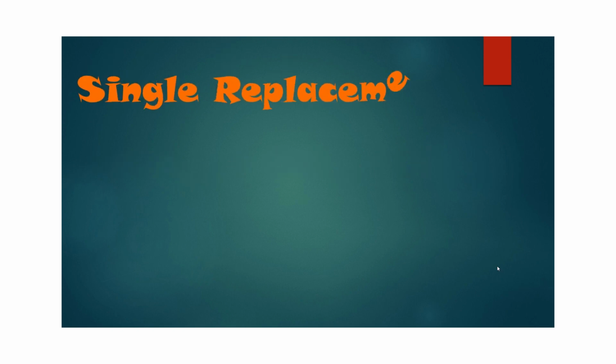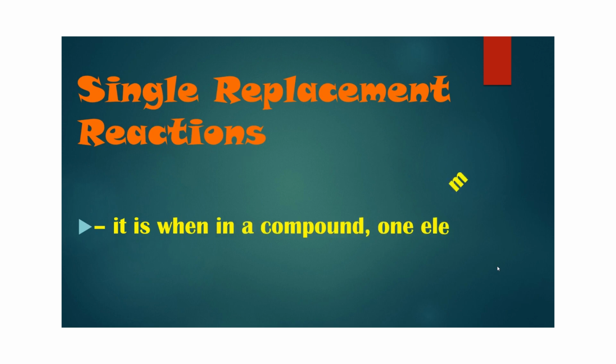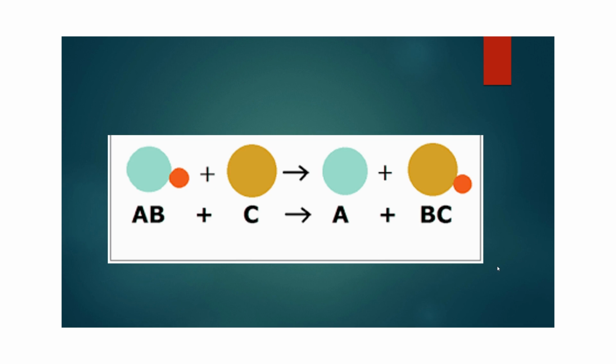The third one is the single replacement reaction. It is when in a compound, one element replaces the other. The general formula is: the compound BC reacts with element A to yield element B and compound AC.